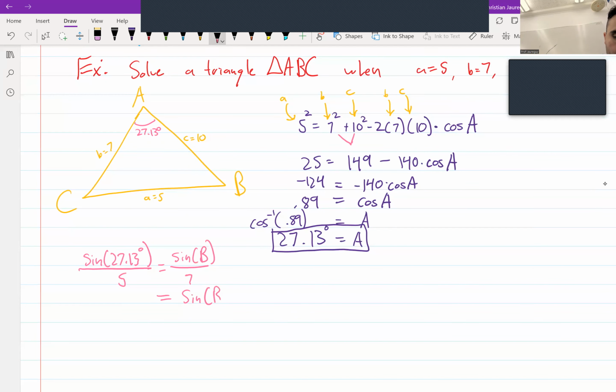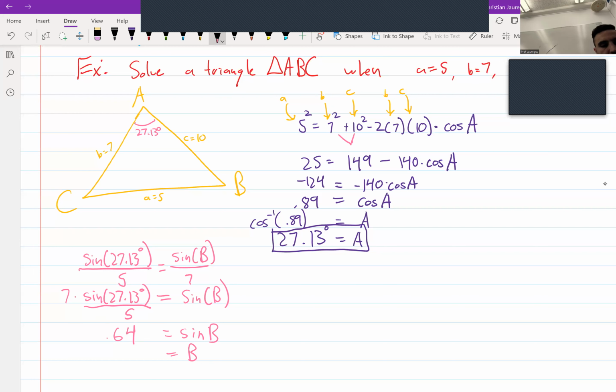Sine of big B equals 7 times sine of 27.13 degrees over 5. And I run that. Hopefully you can probably start to do this without me at this point. Equals 0.64.